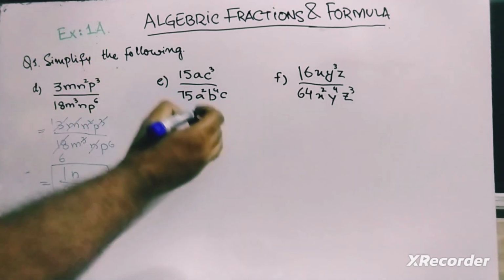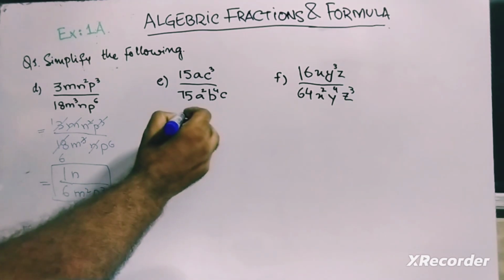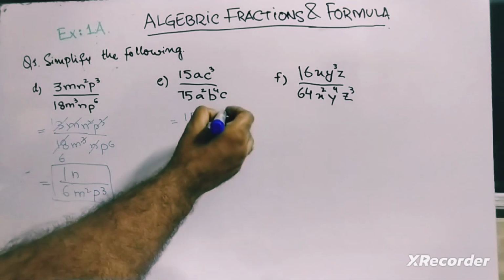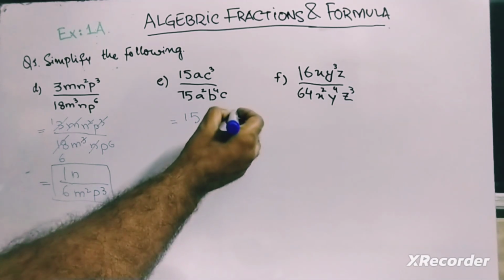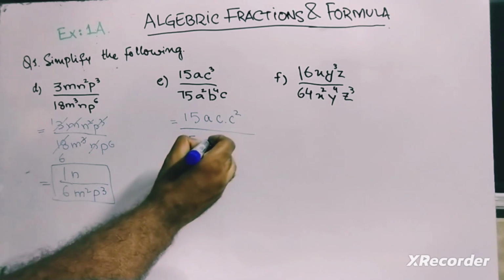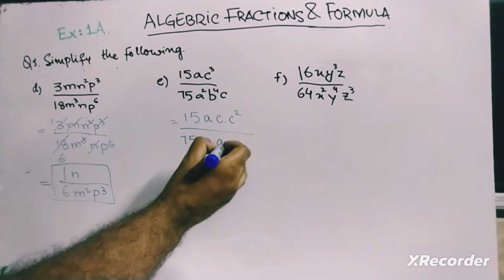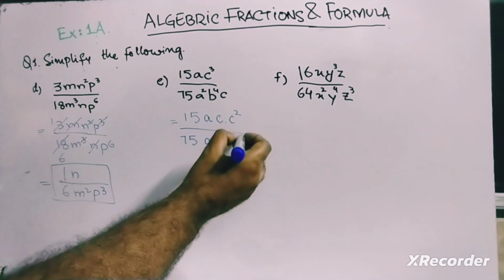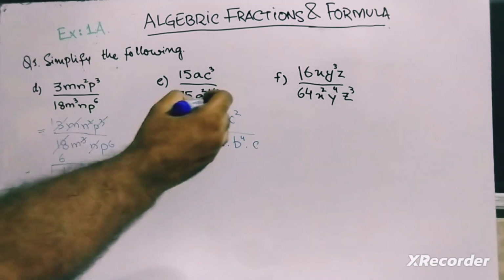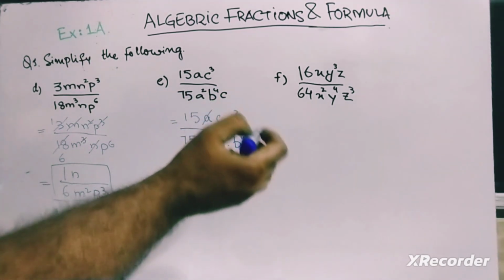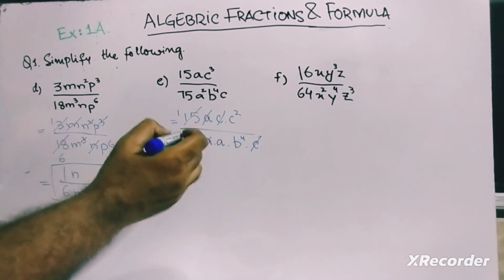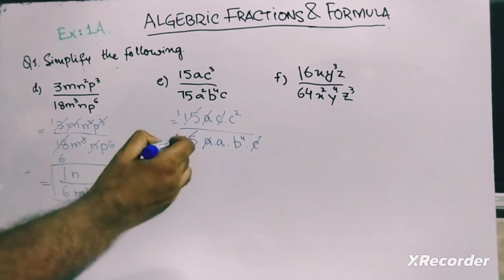Now for E, 15ac^2 for better understanding, upon 75a into b^4 into c. So now cut out a with a, c with c, and 15 times 1 is 15, 5 times 15 is 75.